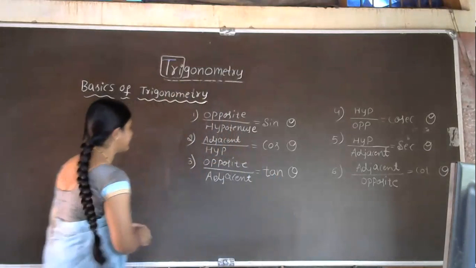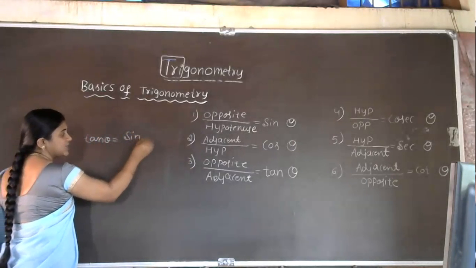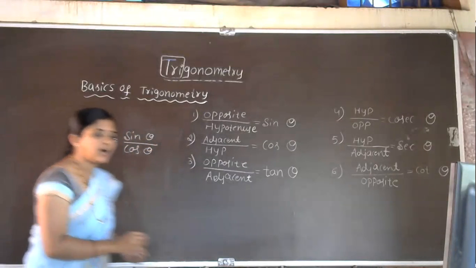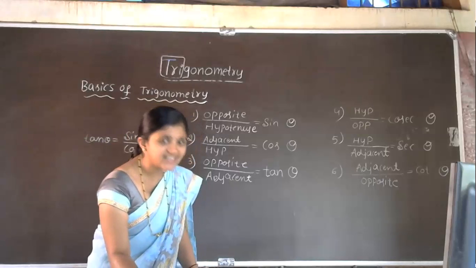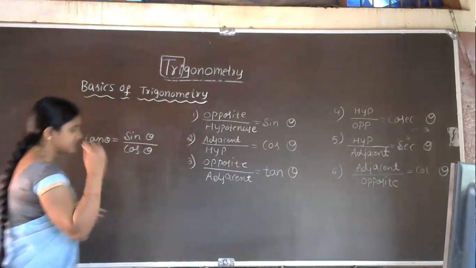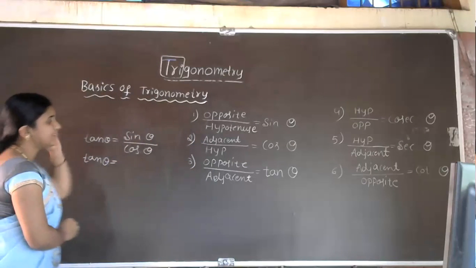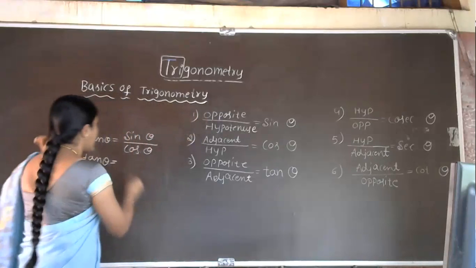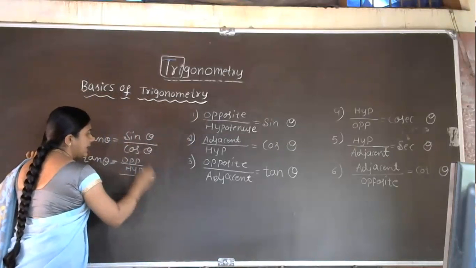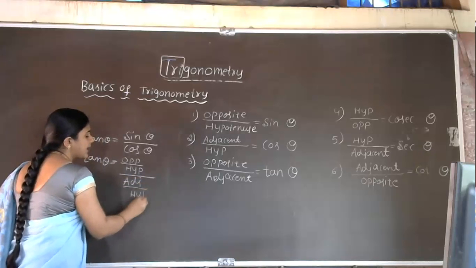How can we write? Tan theta is equal to, we can take the ratio as sin theta by cos theta. Really? Now, can we try once? Whether it is right or wrong, we'll see. Tan theta is equal to sin theta, opposite by hypotenuse, divided by cos theta, adjacent by hypotenuse.